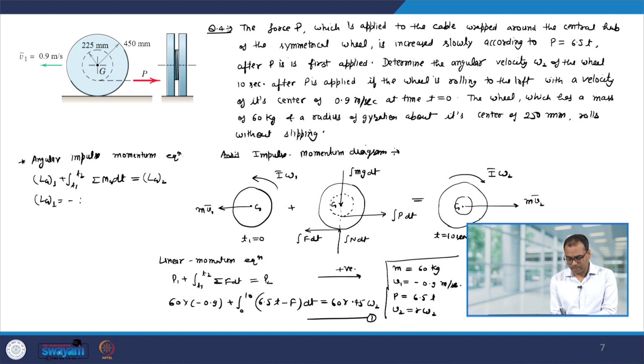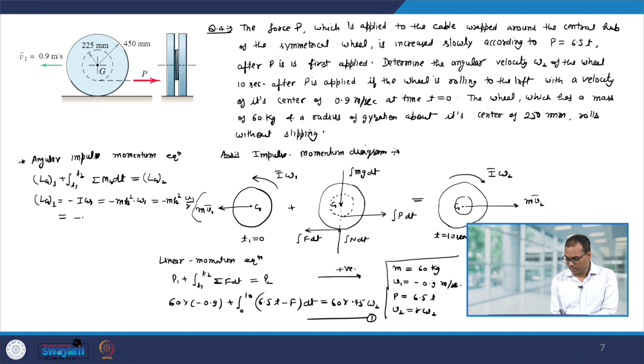So, let us write down minus I omega 1, that is equal to minus m k square into omega 1, and omega is equal to V over R. Therefore, this becomes minus m k square V1 over R. And we can put the values.